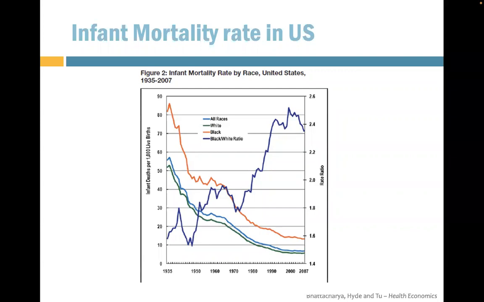There is a major race gap here, which has decreased a little bit, but remains there. So we can see that if we look at the black to white ratio, it has been going up and down, but mostly there is an upward trend from 1935 to 2007.